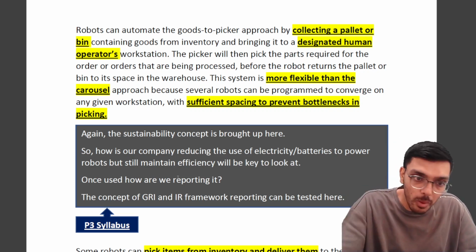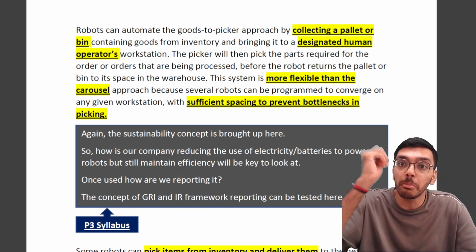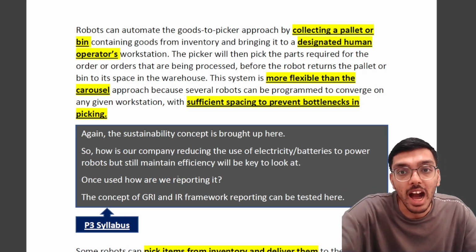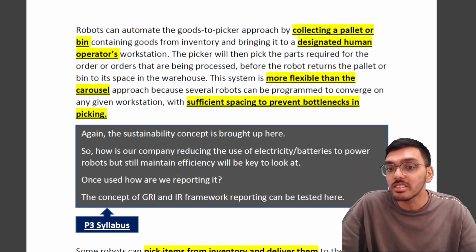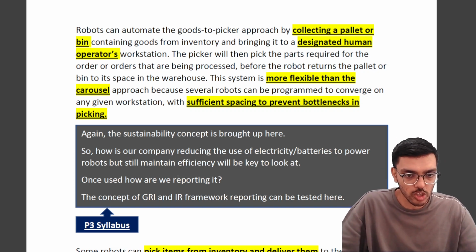So how are we firstly trying to reduce our carbon footprint, and secondly, how are we reporting it? Are we using the GRI concept or the IR framework which is in our E3 and F3 syllabus?